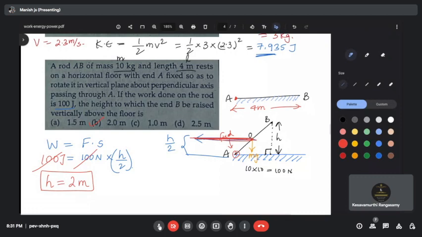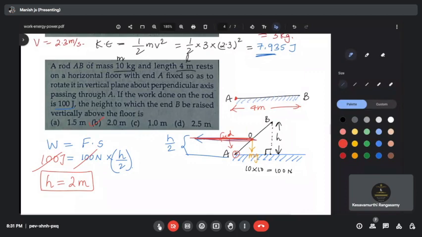The part of the question that is with respect to point O. Point O is the center of mass. It lies exactly at the center of the rod AB. So that is just going to be 2 meters. That is half of the height to which point B is being raised. If you're raising B to a height of h, the center of mass would be at half the height from the ground, which is h upon 2.